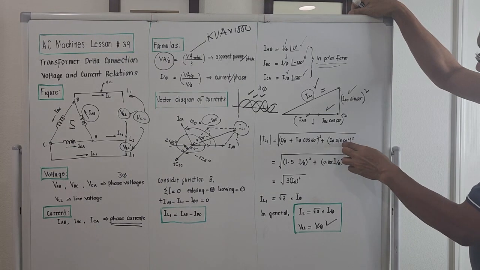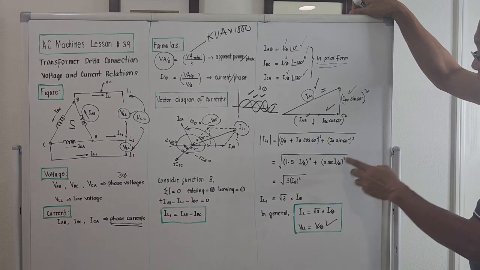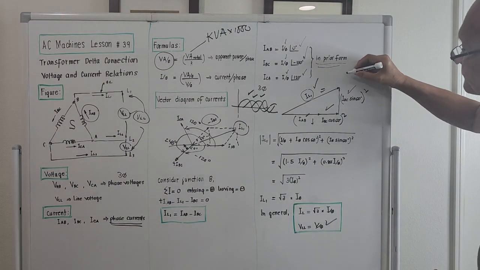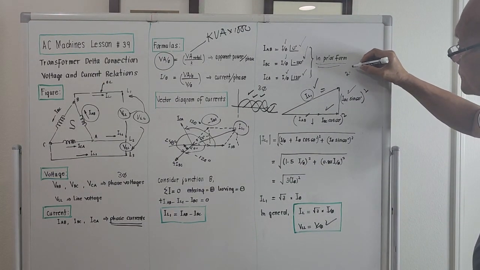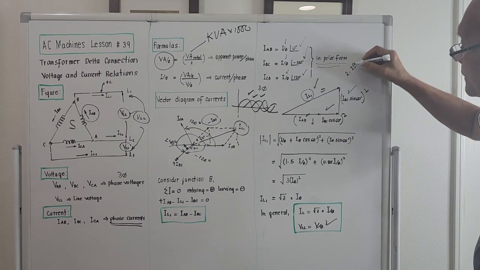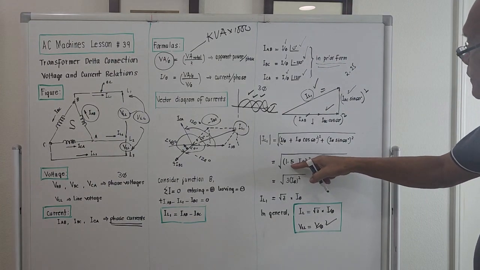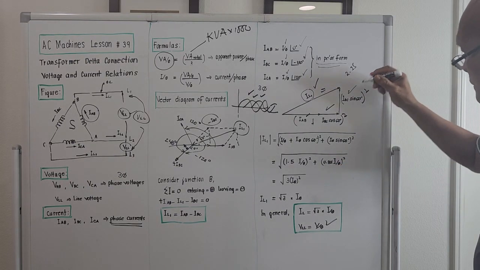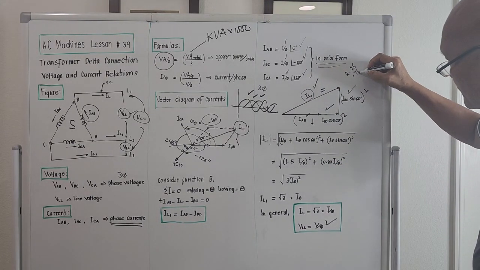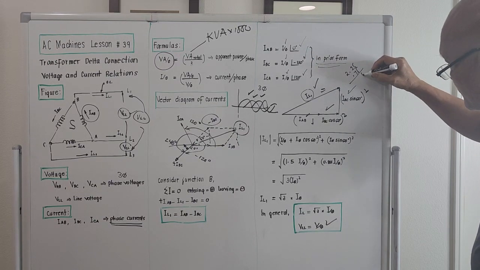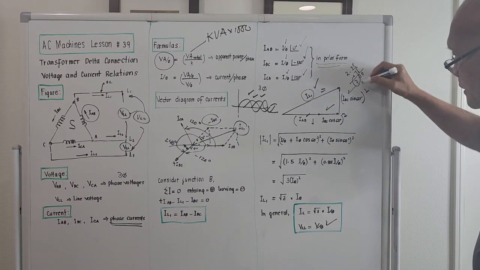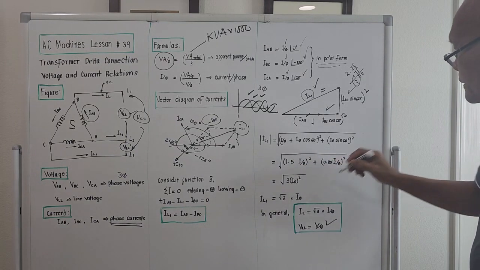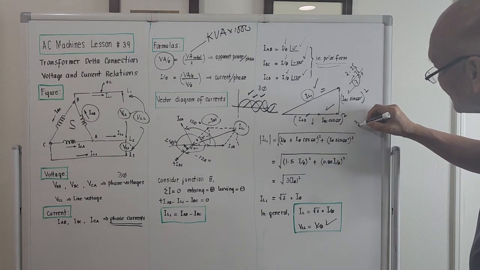We take all quantity squared. 1.5 squared is 2.25. 0.866 squared will be 0.75. So if we take the sum, this will be 3. The sum of 1.5 squared plus 0.866 squared is actually 3.